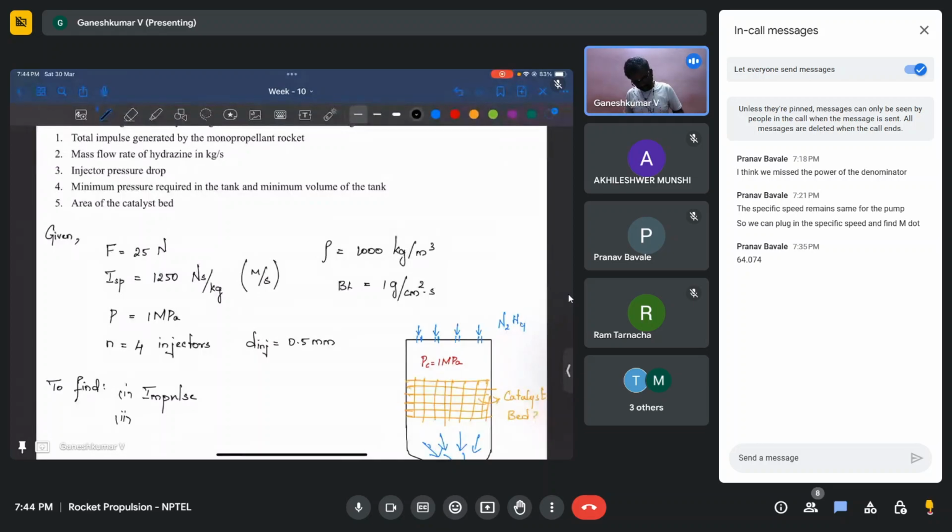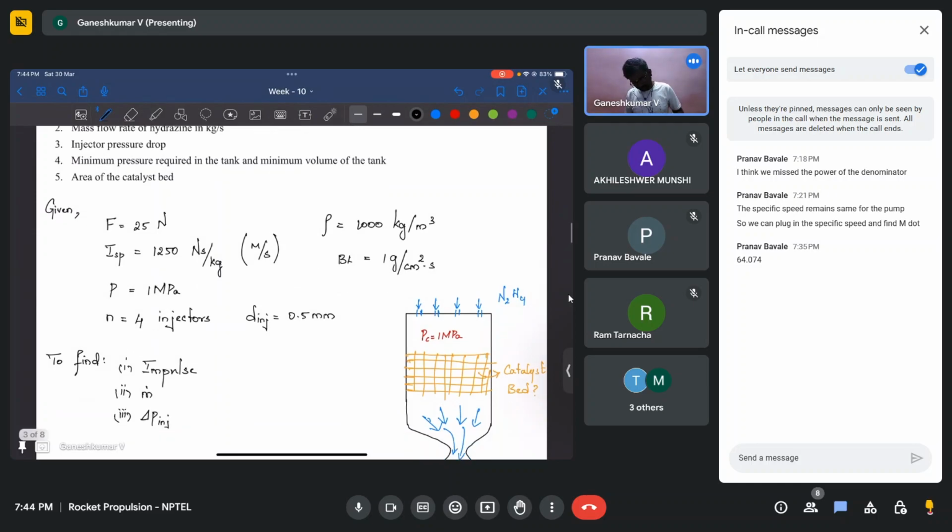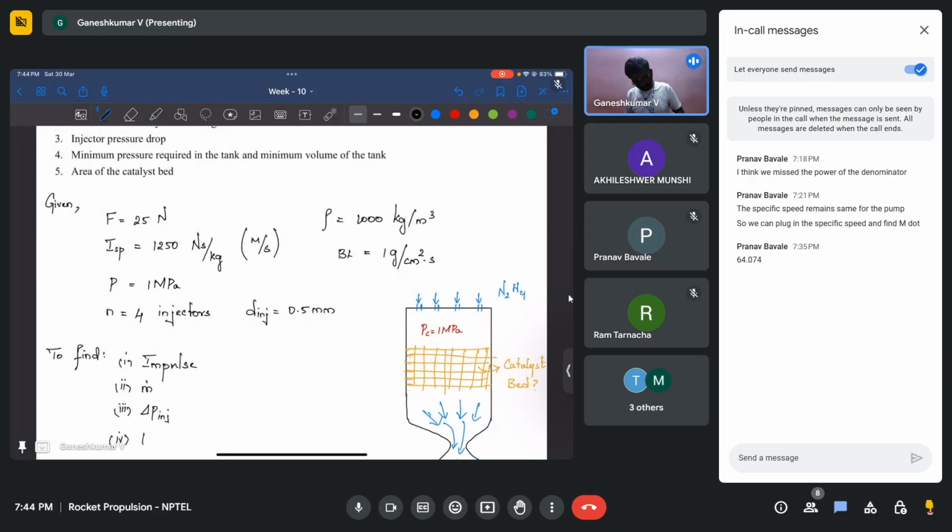And then we were asked to find the m dot of the hydrogen, and then we have the injector pressure drop, delta P of the injector, and then we need to find the minimum pressure required in the tank. Here I didn't draw a tank, I just drew the combustion chamber, so we need to draw a tank. And then we are also asked to find the volume of the tank.